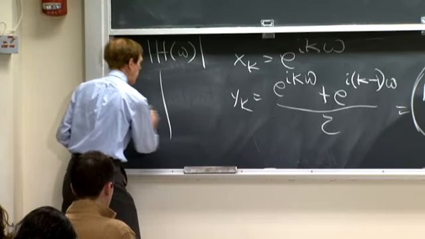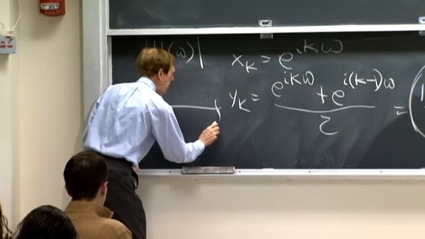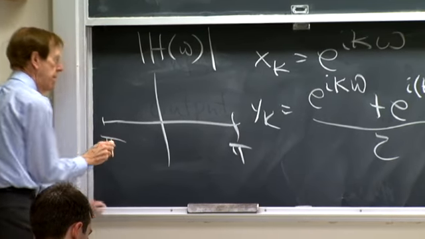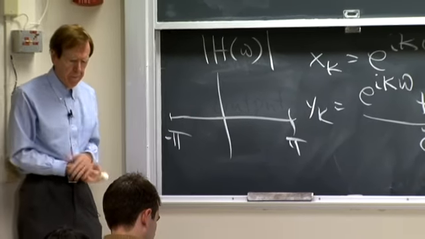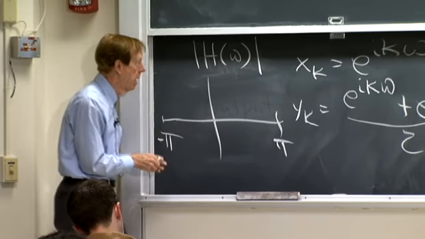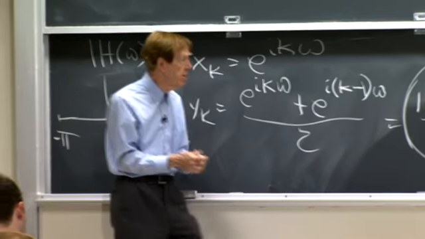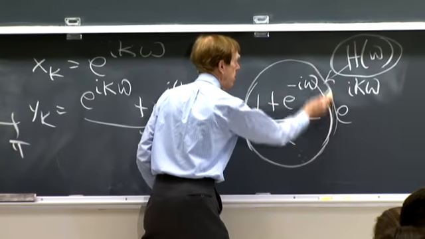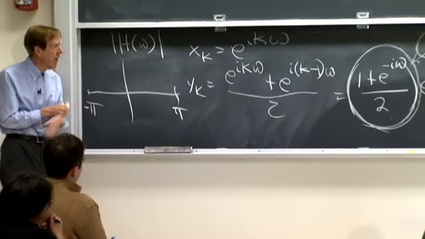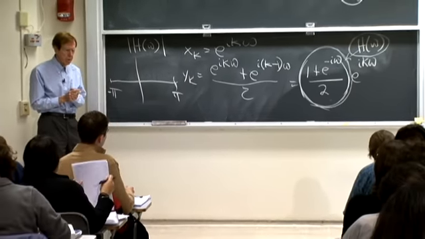So here I'm going to do a graph from minus pi to pi. This is the picture people look at. This is the picture of what the filter is doing. All the information about the filter is in there. So if I graph that, I know what the filter is doing.